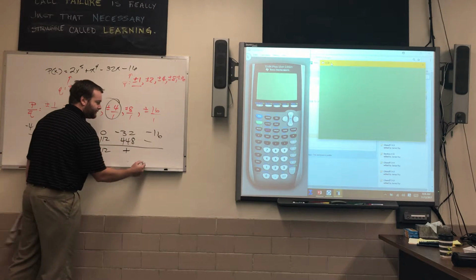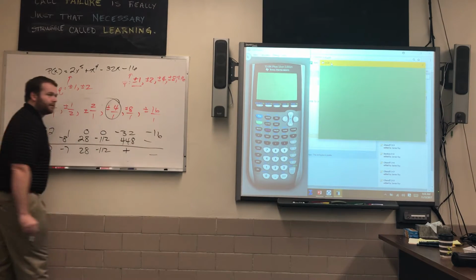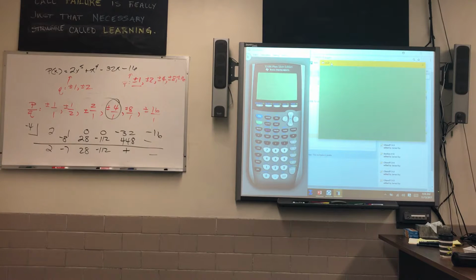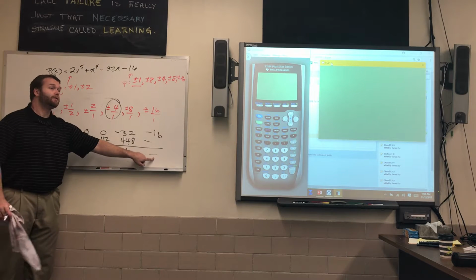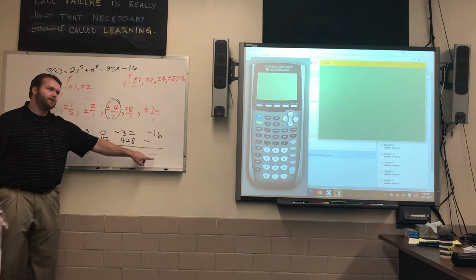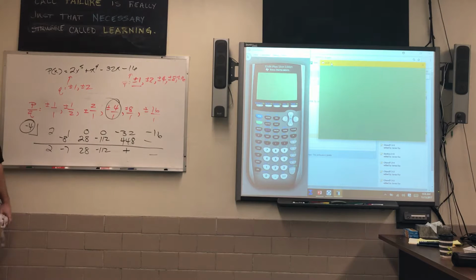What's a negative plus a negative? Negative plus a negative. Be negative again, right? A bigger negative number. What do these numbers do? Positive, negative, positive, negative, positive, negative. Alternated, right? And if this is a negative number and your quotient line alternates, okay, the lower and upper bound theorem says that -4 needs to be a lower bound.